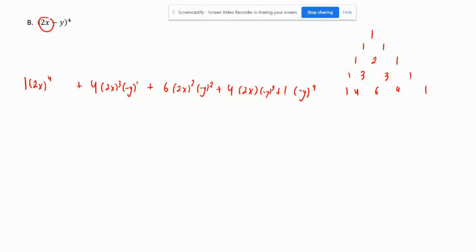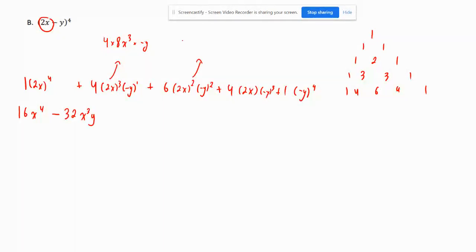So the first term, we get 1 times 2x to the 4th, which is the same thing as 16x to the 4th. Now for this term, we're doing 4 times 2x cubed, which is 8x cubed, times negative y. 4 times 8 is 32, so it's negative 32x cubed y.